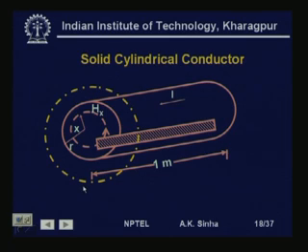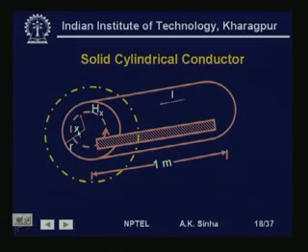Therefore, for calculating the inductance we will have to find out the flux linkages for the magnetic field which is inside the conductor and flux linkages for the magnetic field outside the conductor. That is, we need to do 2 parts and add them up to get the final flux linkage. So, first we will take the internal flux linkages.